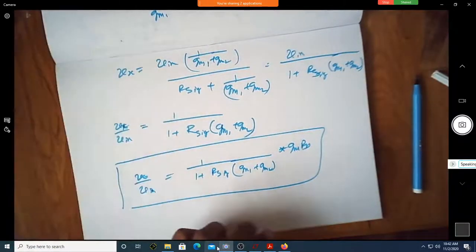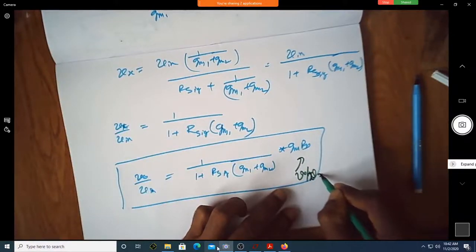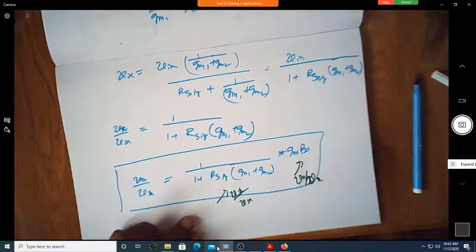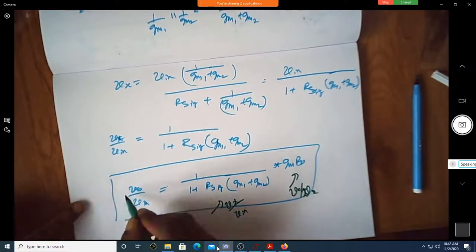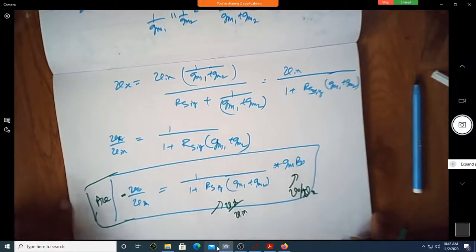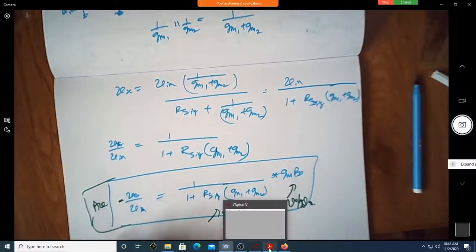This is V0 by Vx, whereas this is Vx by Vin. So the product is V0 by Vin, which is nothing but A. Correct? That's what is there here also.